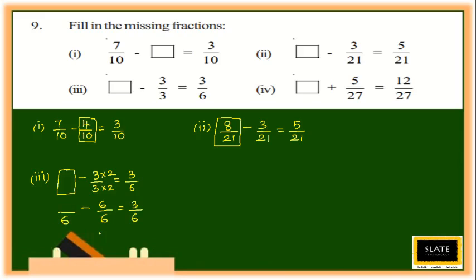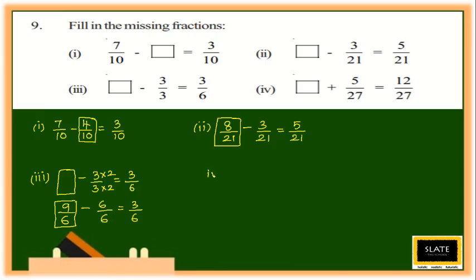Now tell me which number, 6 should be subtracted from which number to get 3? 3 plus 6 how much? 9. So it should be 9 by 6. So 9 by 6 minus 6 by 6 is nothing but 3 by 6. So this way we need to simplify. So we should see to it that denominators are same, then it will be easy to find the values.